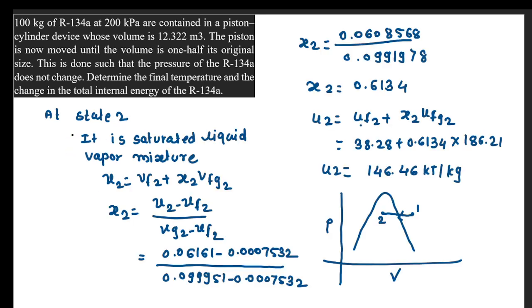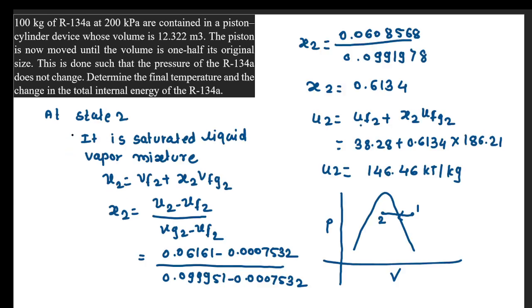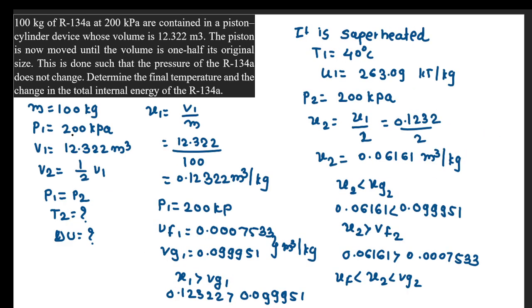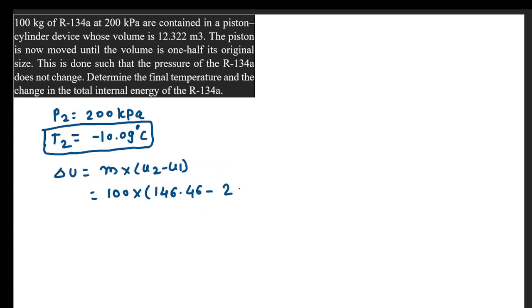Now, the change in internal energy we can find out as m into u2 minus u1. So u2 we are getting as 146.46. 100 into 146.46 minus the u1 value, which is around 263.09.